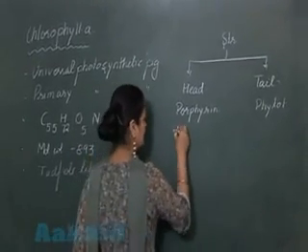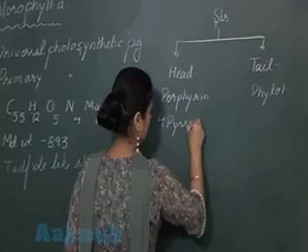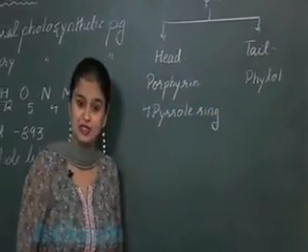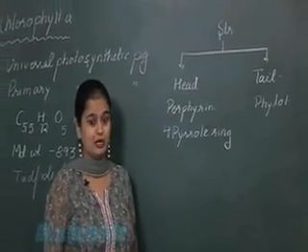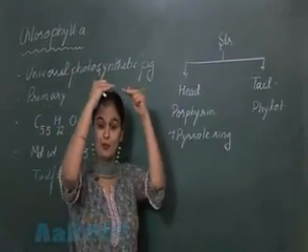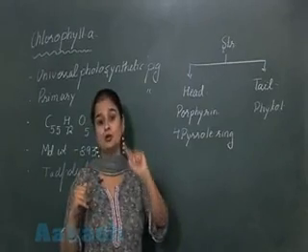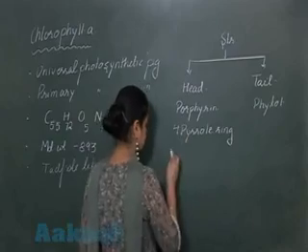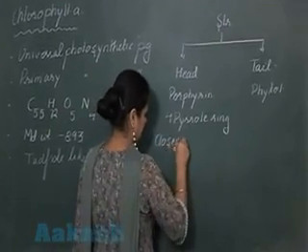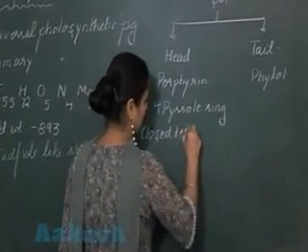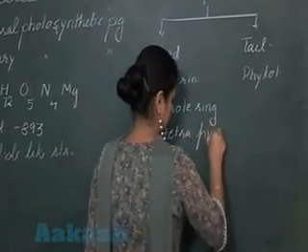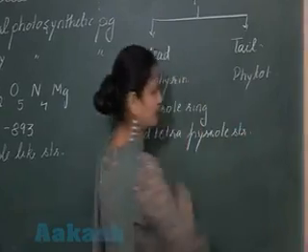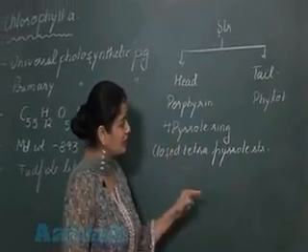Yes, this head is made up of 4 pyrrole rings, and these 4 pyrrole rings are interconnected with each other. तो 4 pyrrole ring है जो एक दूसरे के साथ जुड़े हुए हैं, and they are forming a closed tetrapyrrole structure. Right.